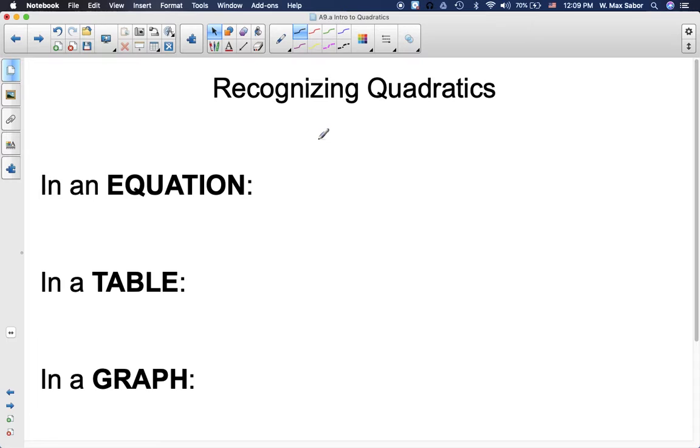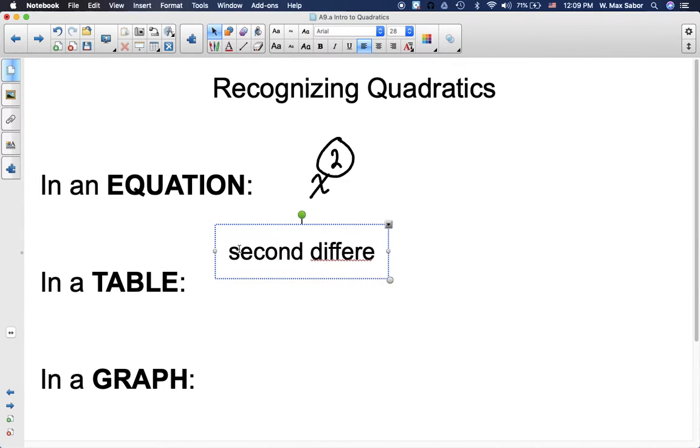In recognizing quadratics, in an equation, you'll see something like x squared, that highest exponent of 2. In a table, the second difference will be the same.